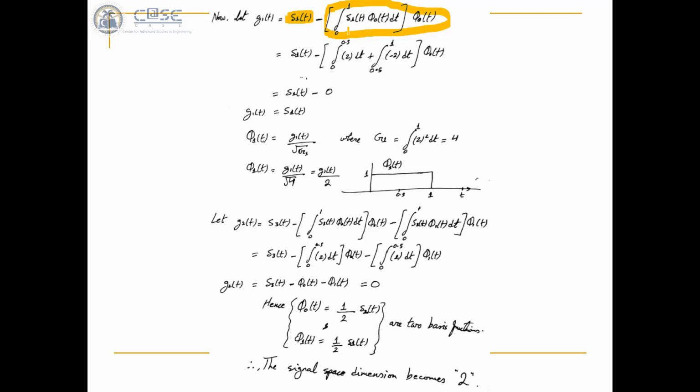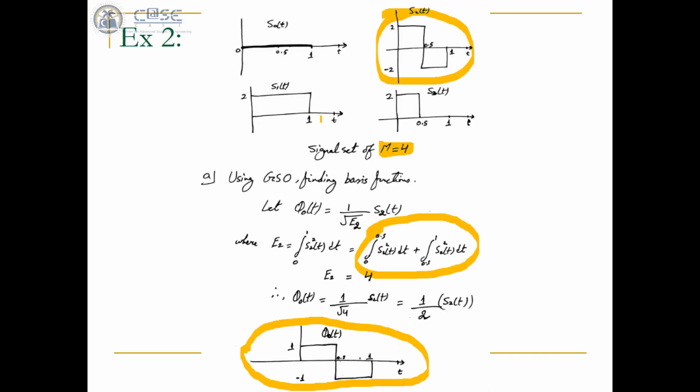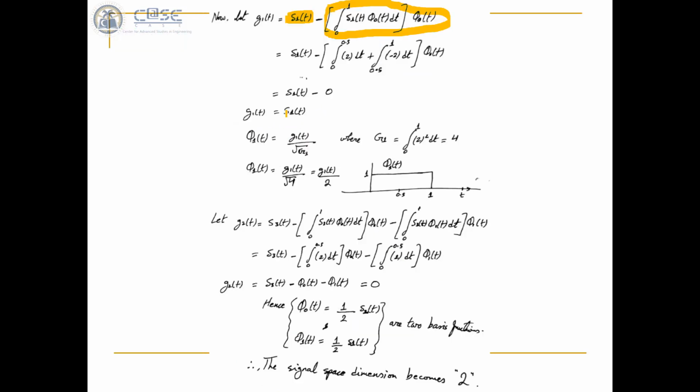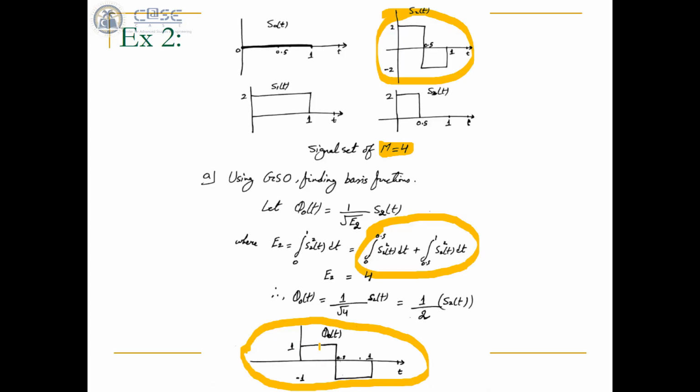So you need to solve this integral here, S1 of t multiplied by phi naught of t, integrated over the time period 0 till 1. You see S1 of t was amplitude 2 for duration 0 till 1, and it is being multiplied with phi naught of t, and phi naught of t has alternating amplitudes for the two different times, 1 and -1 respectively.